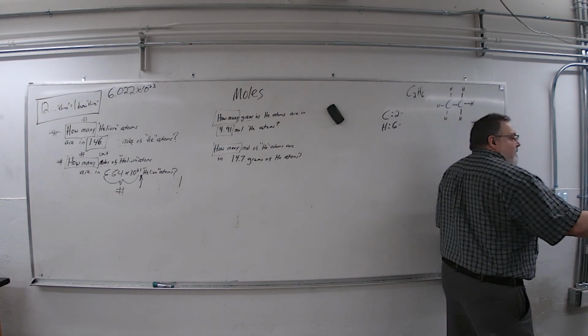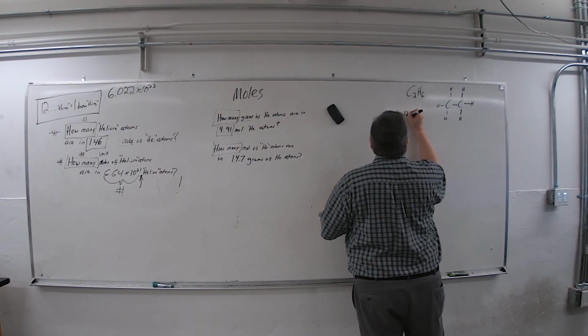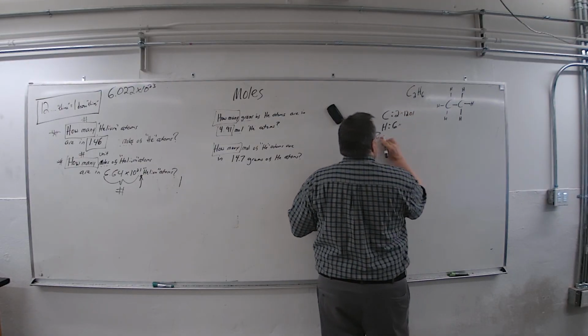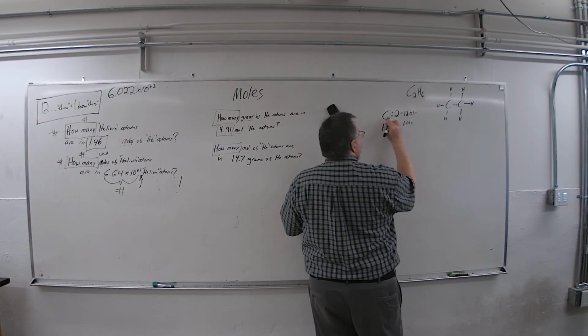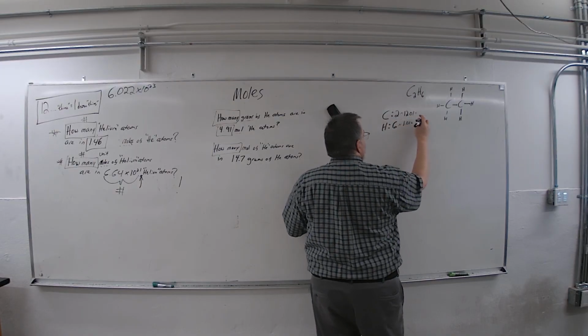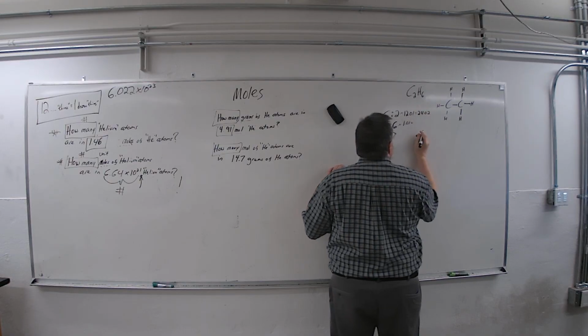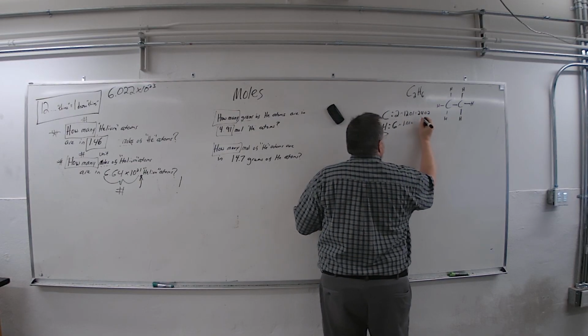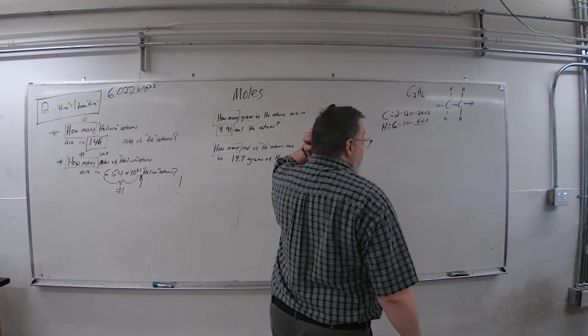If you look at the periodic table, that number for carbon is 12.01. For hydrogen, it's 1.01. So if I have 2 of these, one of them weighs 12.01. 2 of them together is going to be 24.02. 6 of these will weigh 6.06. That just happens to be math that's easy to do in my head.